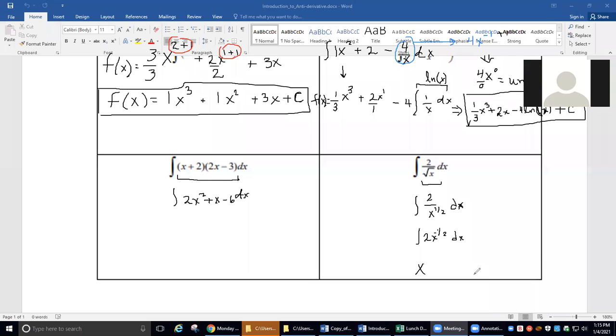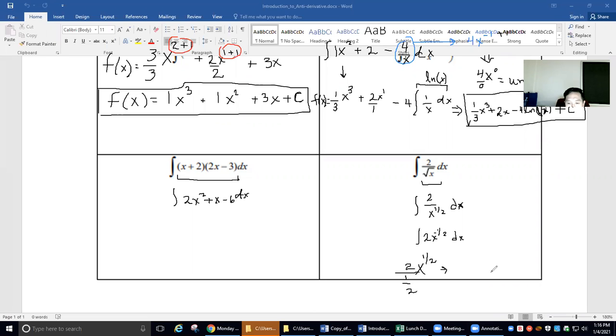X to the power of 1/2. That's correct, a positive 1/2. Now I have to take that coefficient and divide by 1/2, but that looks kind of strange, right? Like a whole number divided by a fraction.